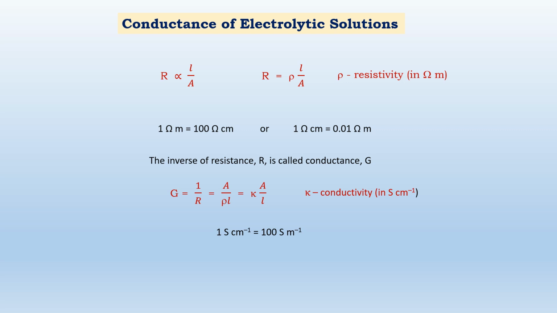Conductance of electrolytic solution. Before going to the conductance, let me see some basics of electricity. In electricity, you will study about resistance. Resistance is directly proportional to length and inversely proportional to the area of that material. If you take the example of a transformer, you can see wires. They will put a thick wire.